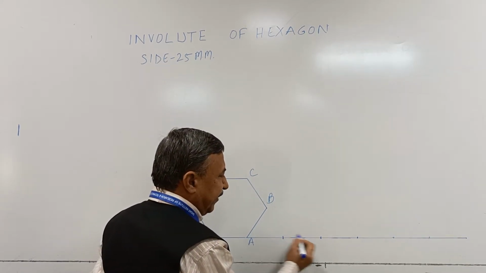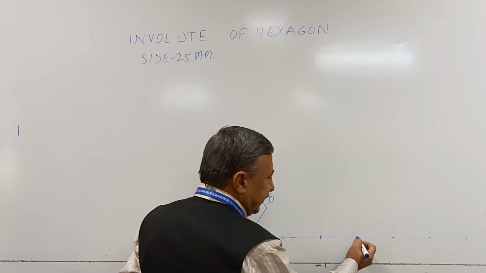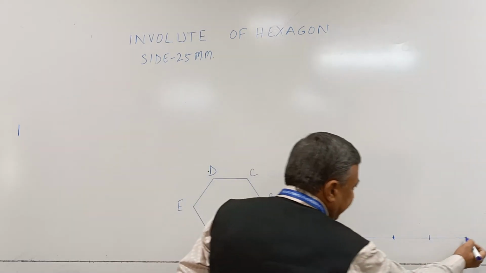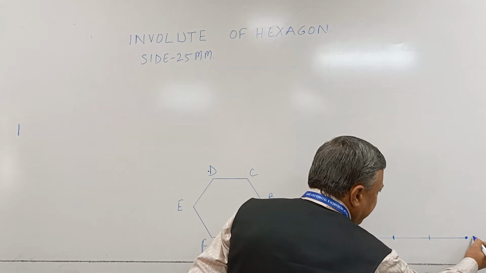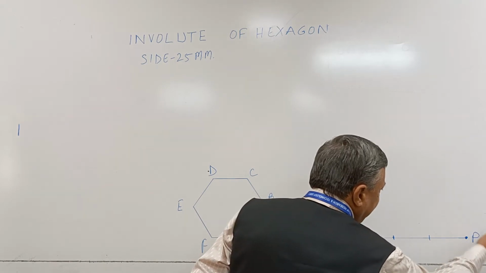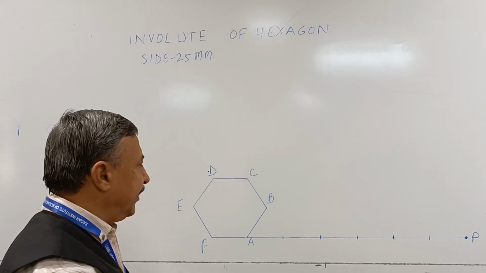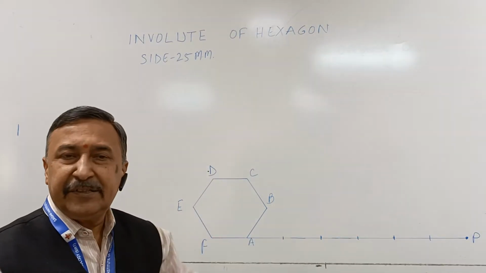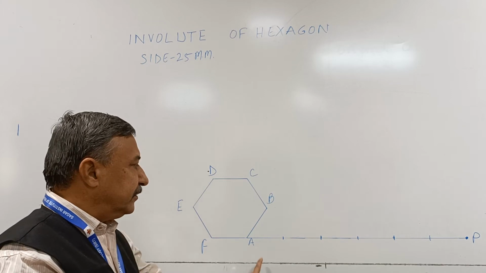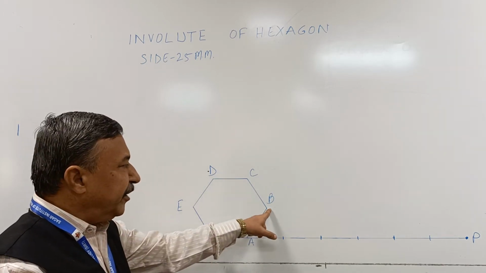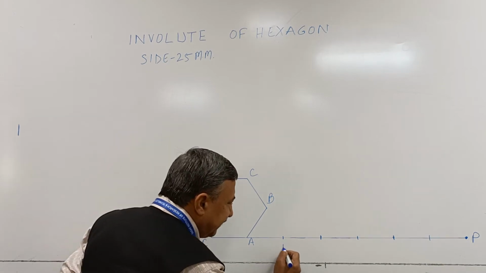So we already get some points. That's why we do like this. This is our point P, or P dash, whatever we can say. But we don't take here P, so that is suppose P. Now this is point A and this is point B. So this we can say B dash.